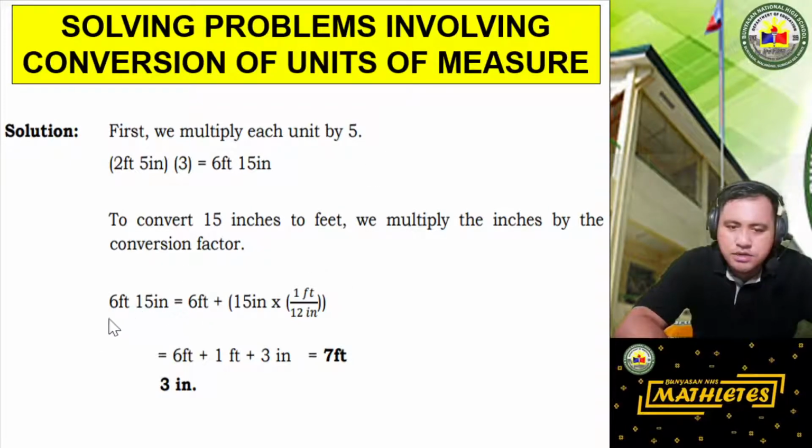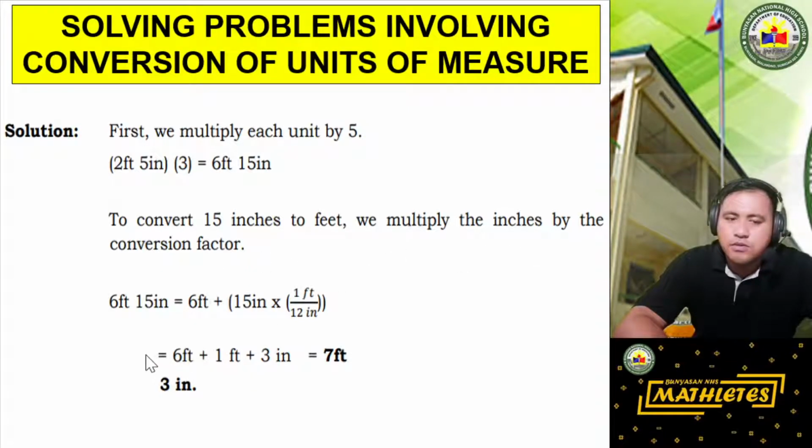Kasi 15 inch yan, wala naman 15, 6 feet and 15 inch. So, we all know that in 1 foot, there are only 12 inches. So, we need to convert this 15 inch into feet. Then, that's the time we are going to add this one to 6 feet.